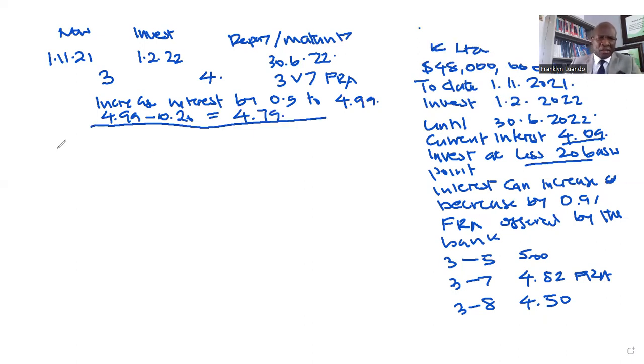So what will be the situation? So now we have return on investment. Return on investment will be 4 upon 12 because we are lending for 4 months, multiplied by 48 million.